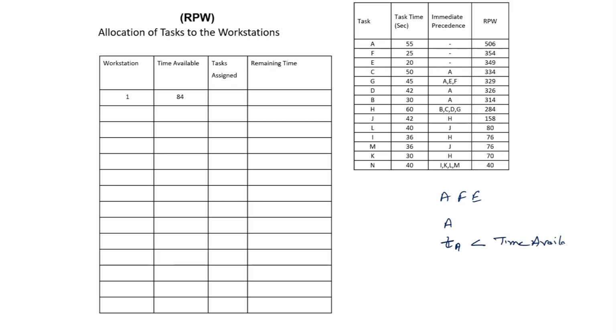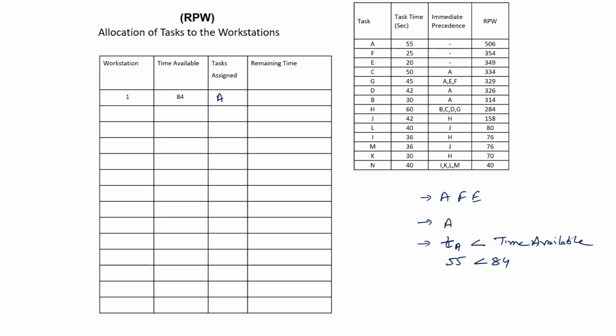So, there is a 3-way test. One, I have to find the element which is not having any predecessor. Then out of that select the one which is having the highest RPW, and third, see that the element time of this is lesser than the time available. So, T A in our case is 55, which is less than 84. That means task A can be assigned to workstation 1.